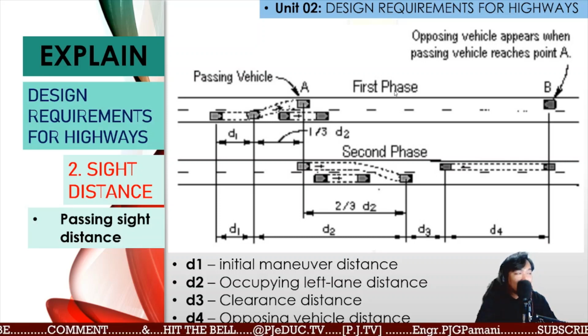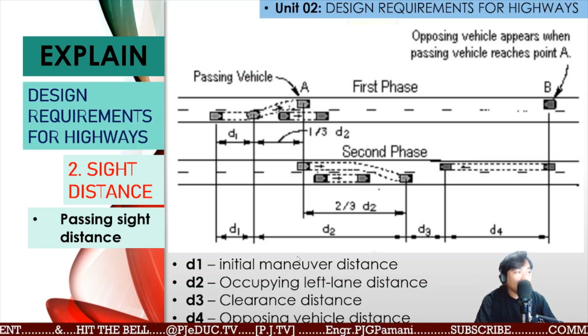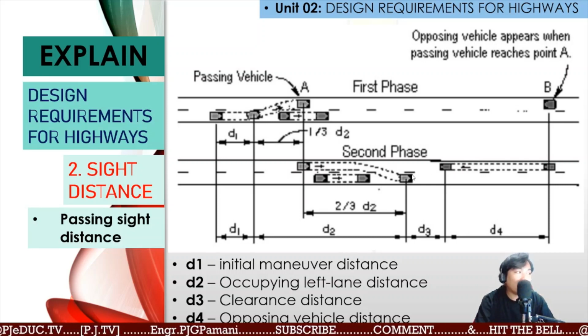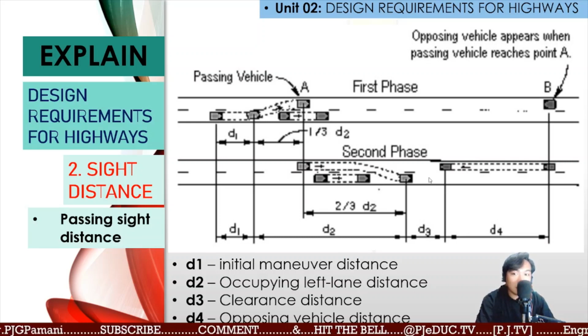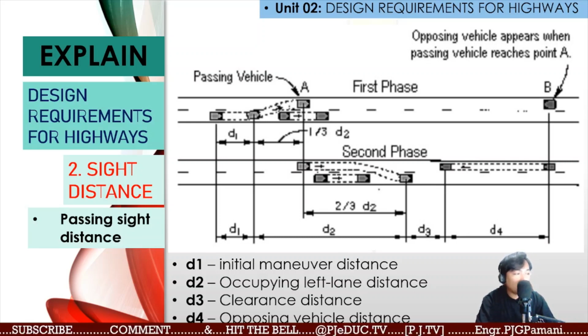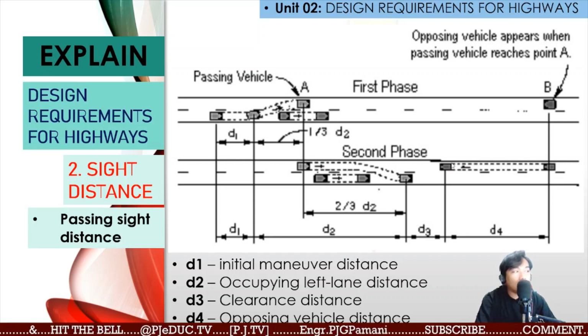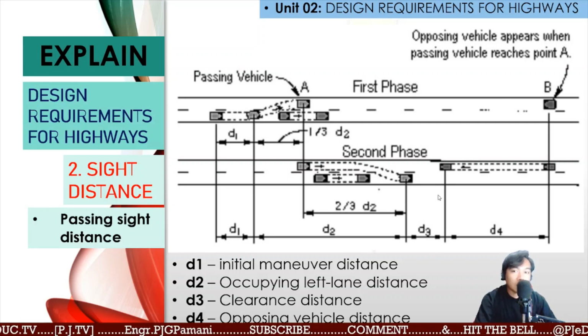No? So, first phase, ito yung distance niyo ni A and B. Then, before collision, dapat ganito yung inyong distance. Bago kayo magbanggaan, dapat nakamove ka na dun sa tamang lane. No? Then, D4 is the opposing vehicle distance. Then, this is now the allotted distance for the opposing vehicle to travel before collision of the overtaking vehicle.